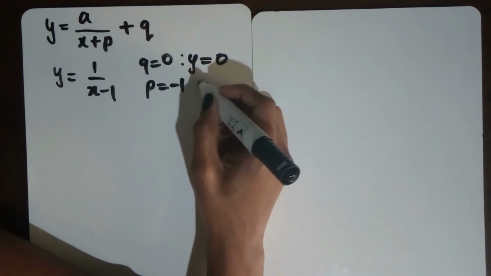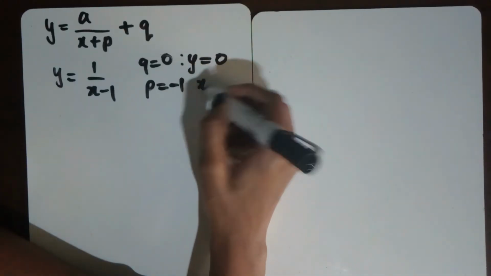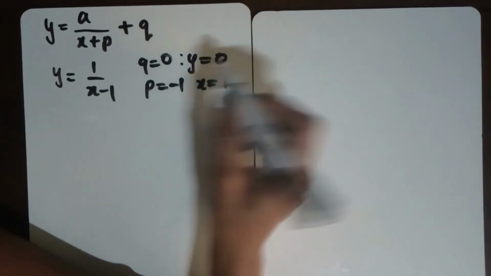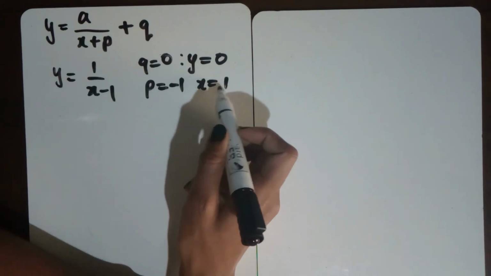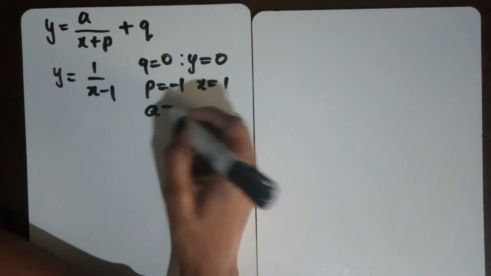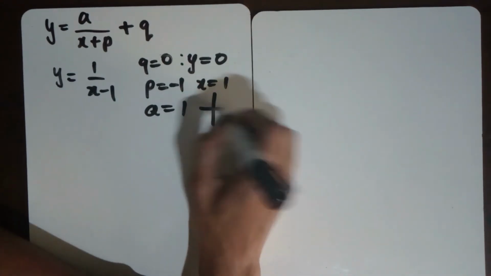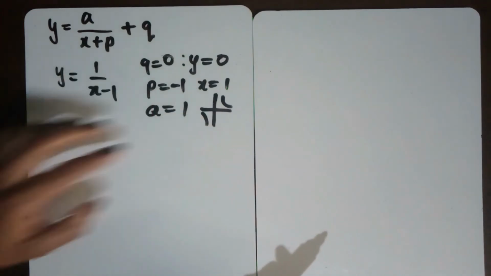It means that your asymptote will actually be at x equals 1. So remember, our asymptote is x equals negative of p. So the negative of -1 is going to be a positive. And a in this instance is positive, meaning our function is going to be like that in the first as well as the third quadrant.